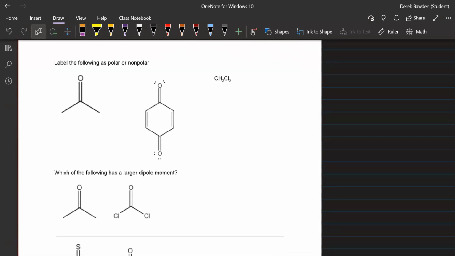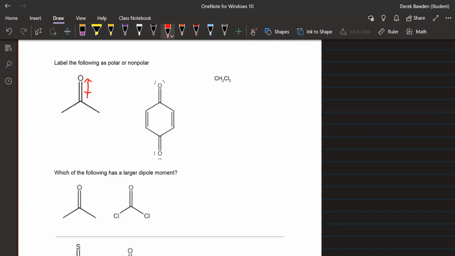All right, label the following as polar and non-polar. What you're going to want to look at here is if there is an atom which is electronegative, pulling electron density towards it. For this one, we have an oxygen which is pulling electron density this way.